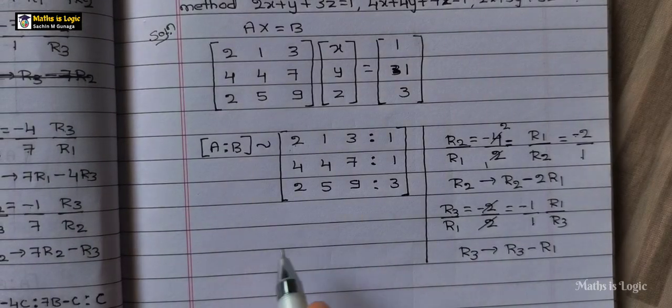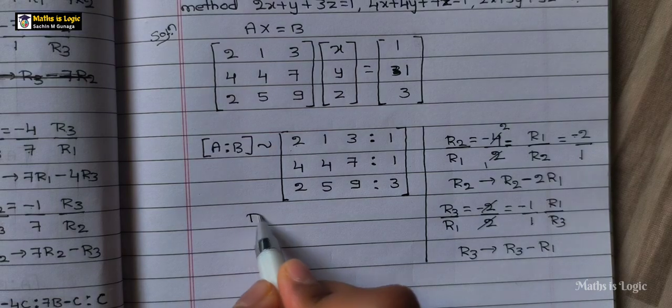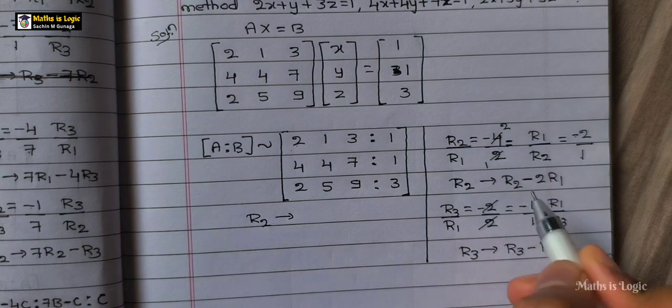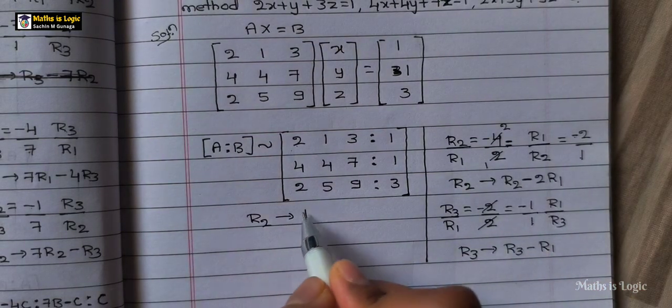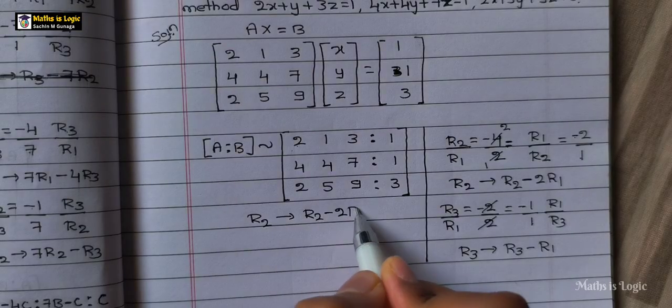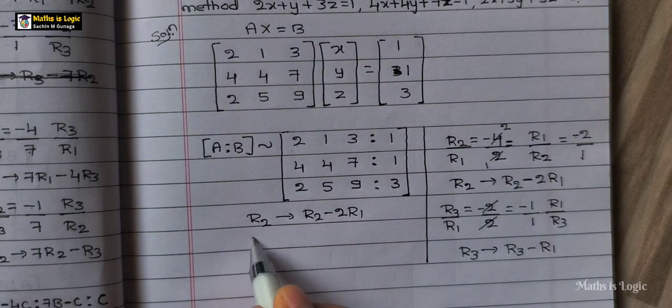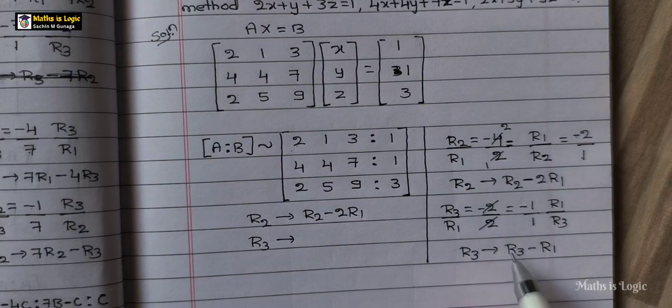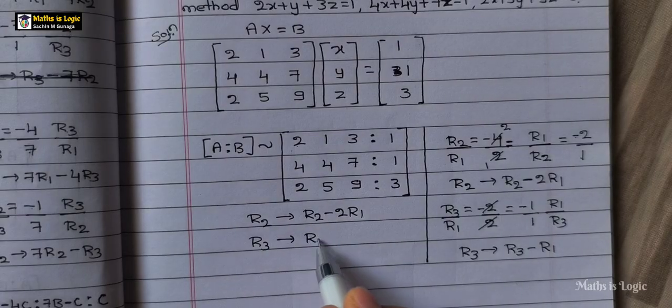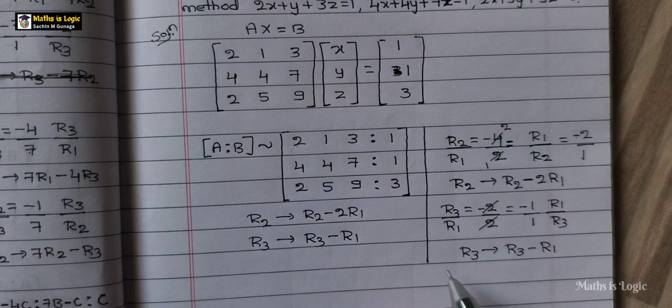Correct? Therefore write that row transformation: R2 changes to R2 minus 2R1, R3 changes to R3 minus R1.